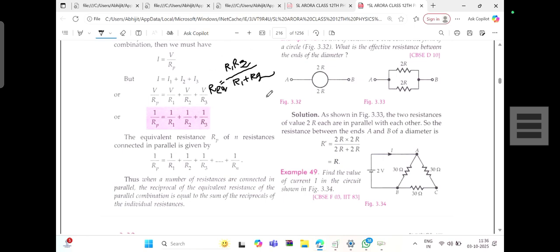You can find the equivalent resistance from this formula when two resistances are connected in parallel combination.